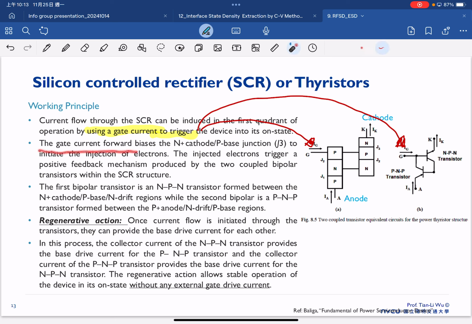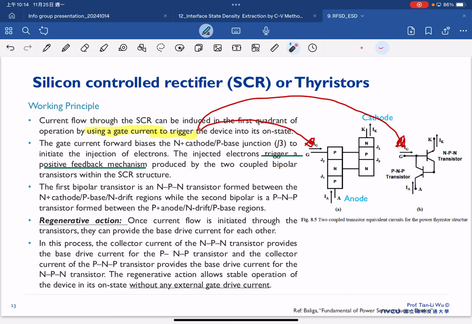The gate current will forward bias this junction J3, and therefore initiate the injection of electrons, and the injected electrons trigger a positive feedback mechanism provided by the two coupled bipolar transistors within the SCR.